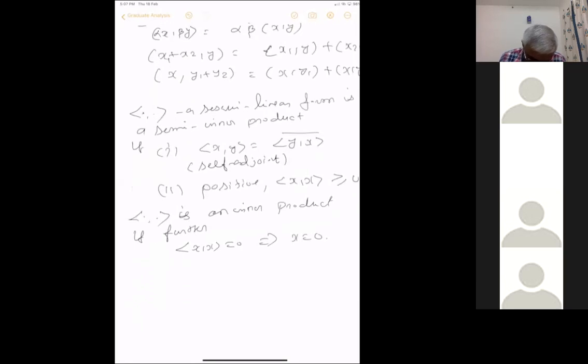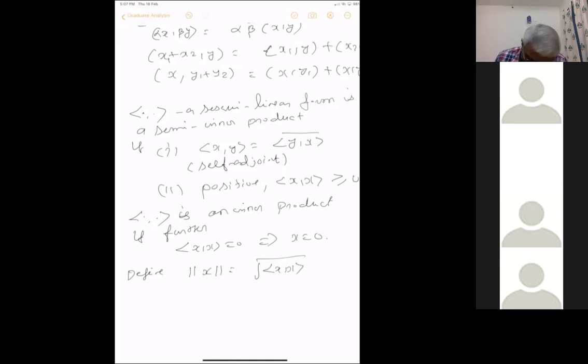Even if it is not an inner product, you can define a norm, which will be a seminorm. We will prove it's a norm after proving the Cauchy-Schwarz inequality. So define norm of x equal to the square root of the inner product (x, x). This is the norm associated with this. We will prove that this is a norm.